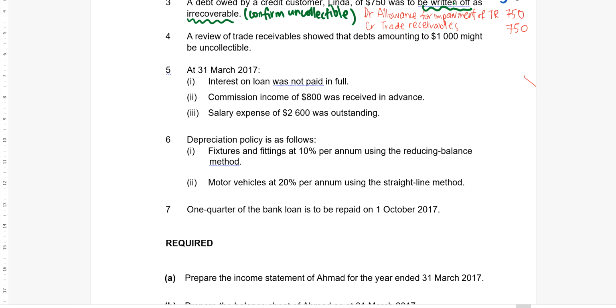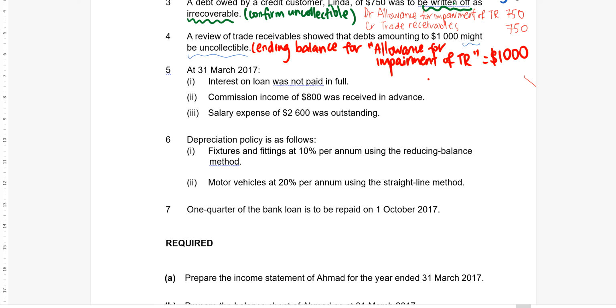The words might be uncollectible tell us that the ending balance for the account allowance for impairment of trade receivables is equal to $1,000.